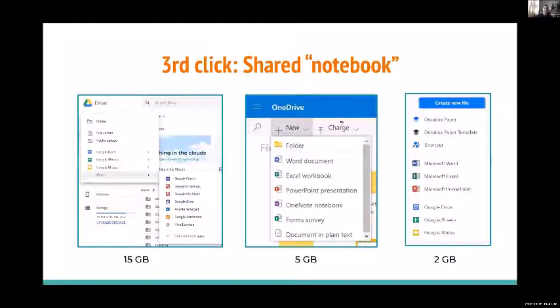The third click: you probably need to save material somewhere. Maybe you want to keep track of the lessons, or you want the students to upload some material. So think about having cloud storage to share with the students. Today the most popular ones are Google Drive, OneDrive, and Dropbox. Many people have at least an account with one of these three.